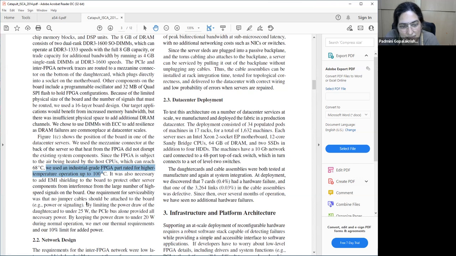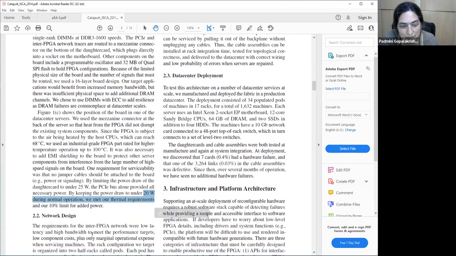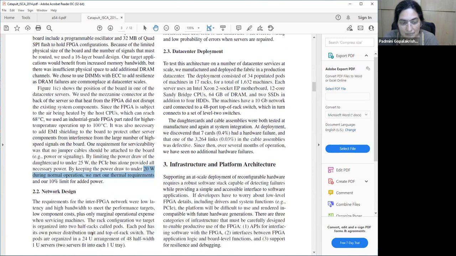And then they have this power requirement of 20 watts per board. And this has met both their thermal requirements and their power requirements. Then, how they have actually organized the servers so that they know how many pods they have, how do you arrange it so that it fits in the tray, which fits in the server rack.